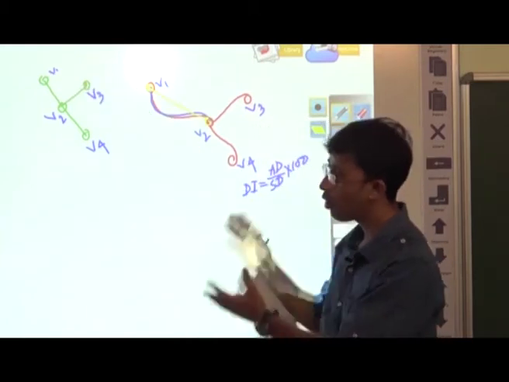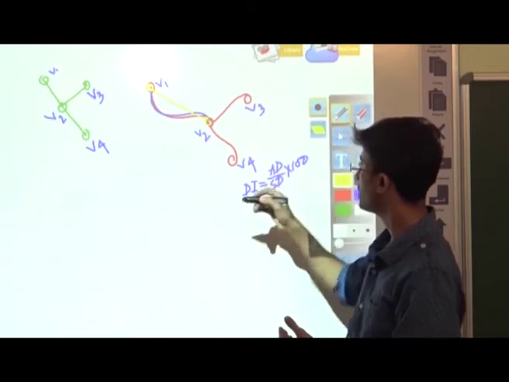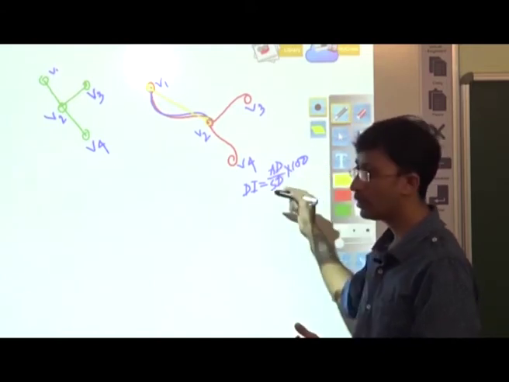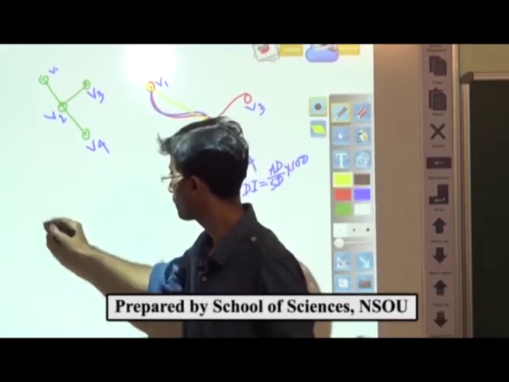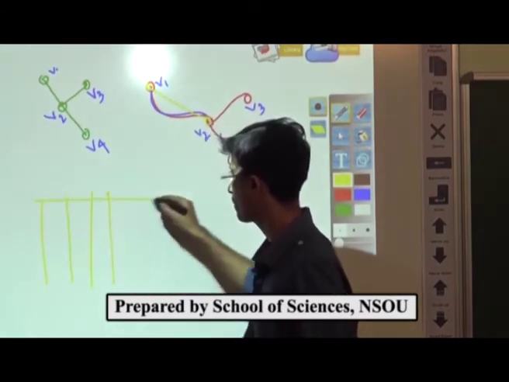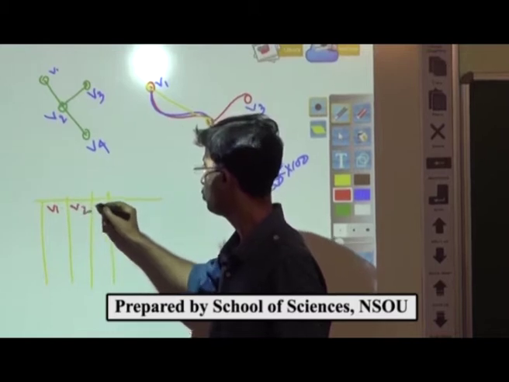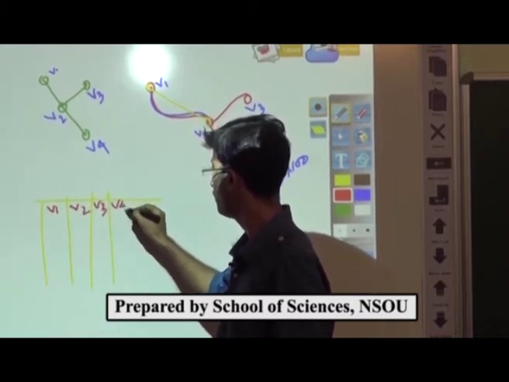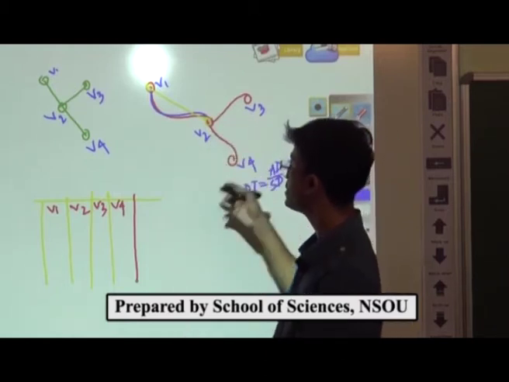And then we have to plot these two types of distance against the vertex number to calculate the detour index using the matrix, like V1, V2, V3, V4, and this is the place.